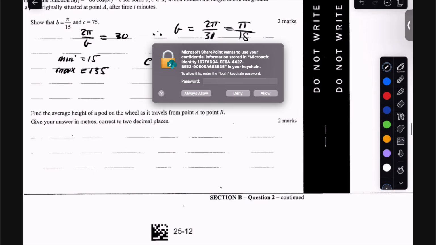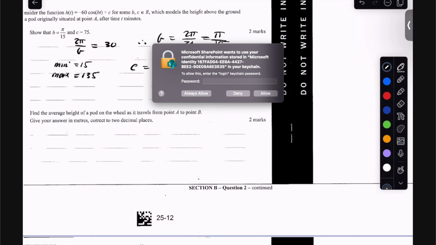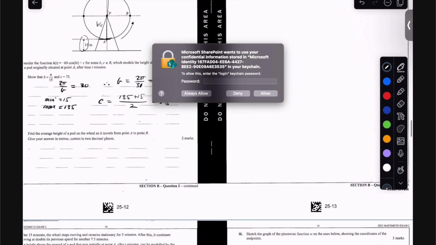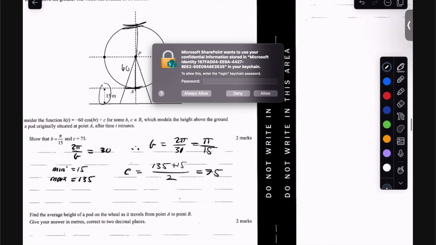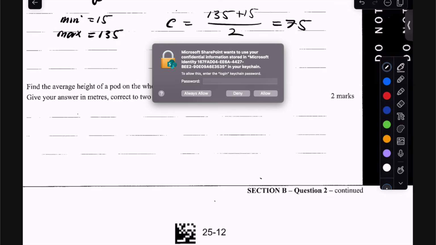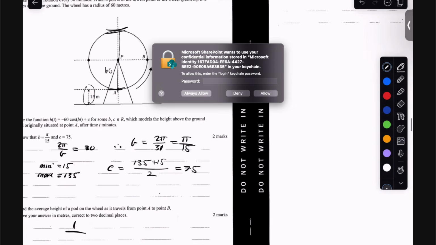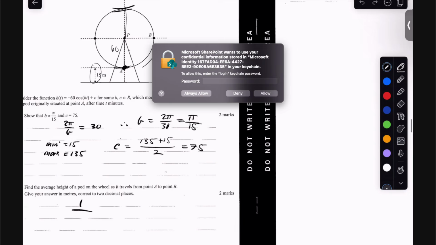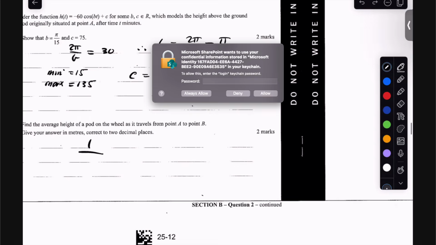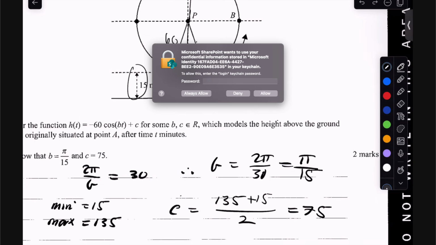Find the average height of a pod on the wheel as it travels from point A to point B. So that's just the average value of the function. That's going to be 1 over, from point A to point B, which is 1/4 of a full cycle, so 1/4 of 30. When t is 0, negative 60 plus 75 is 15.